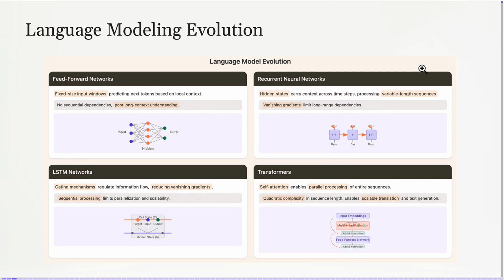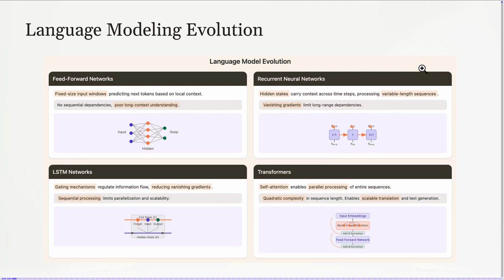Now, with a recurrent neural network, as already explained, there is the concept of a hidden state that carries information from the context, from the previous information, and it also has the ability to process variable length sequences. This helps to process natural language information, but it has the problem of vanishing gradient and limited long-range dependencies.